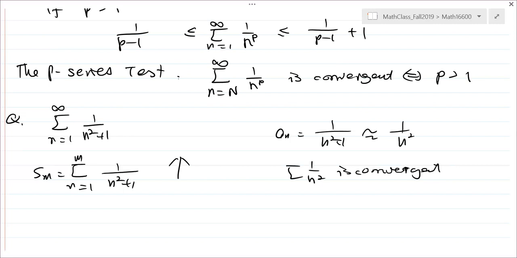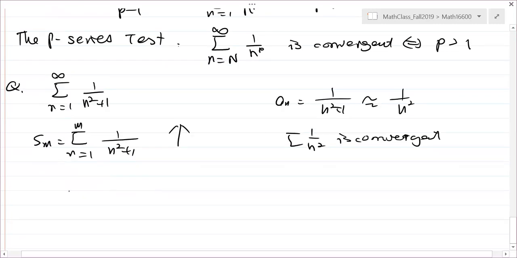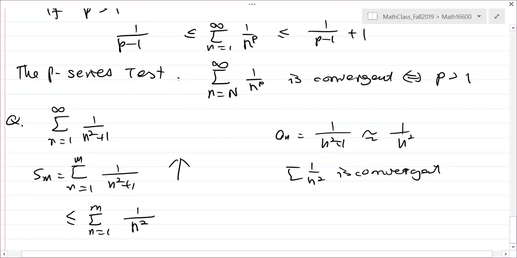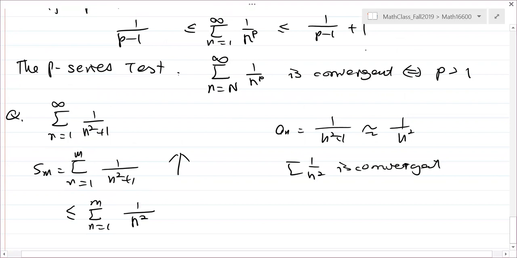So how can I do that? It's very simple. It is going to be less than or equal to 1 over n squared, because we drop the 1 in the denominator, which makes it larger. But this is already using the above estimate.